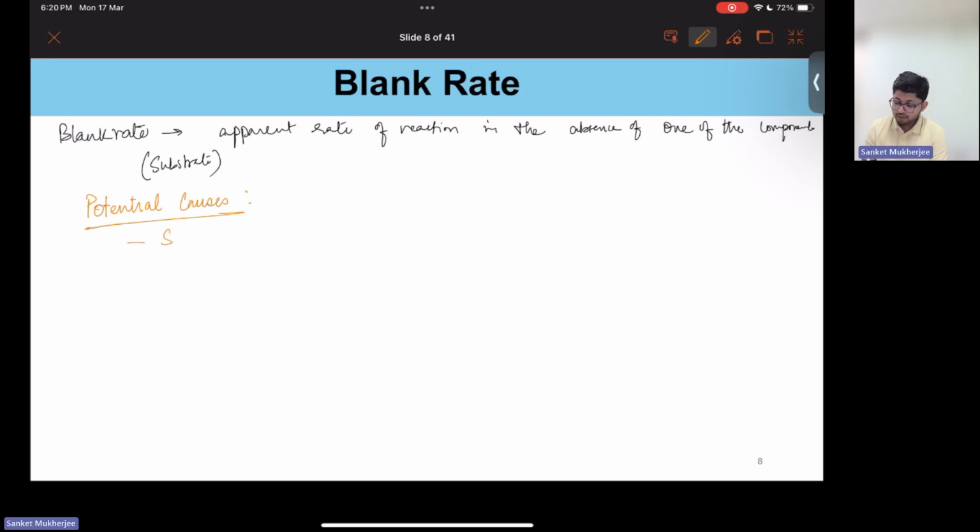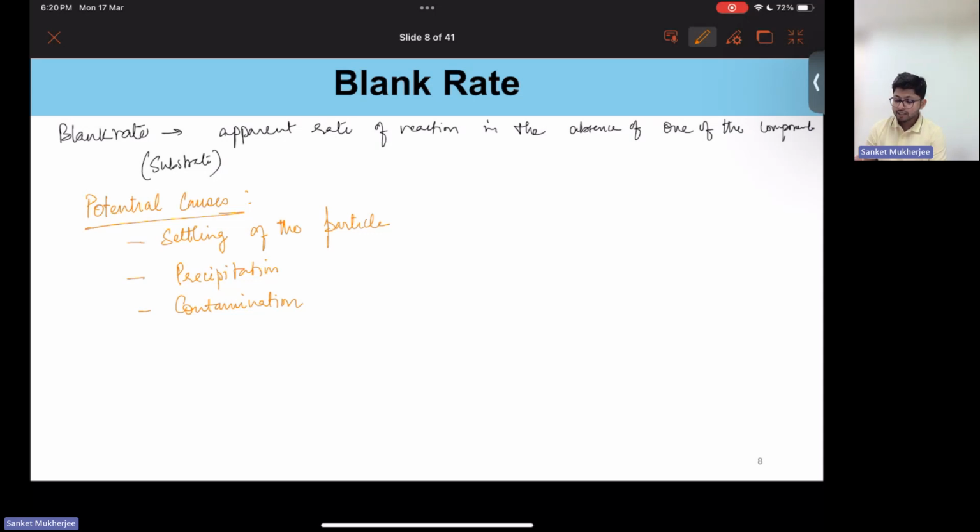One is settling of the particle. Precipitation. There could be contamination. So let's say a reaction is happening even in the absence of a substrate.